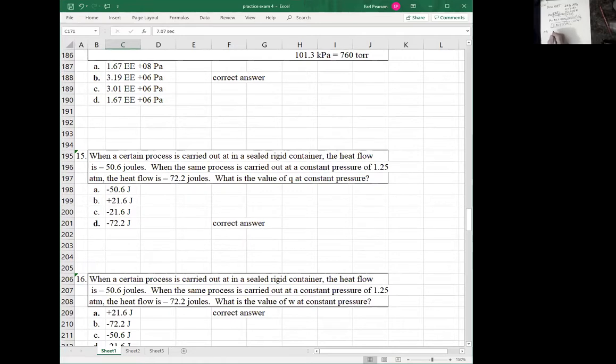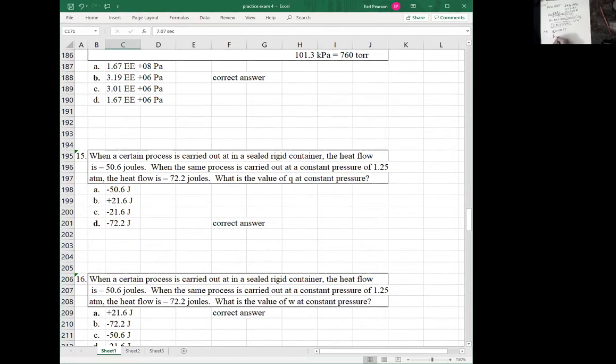When the process is carried out in a rigid container, that would be Q at constant volume, we get minus 50.6 joules.